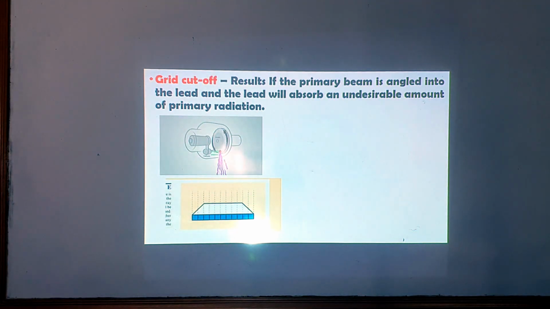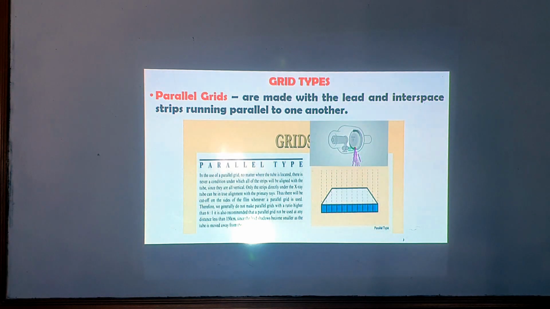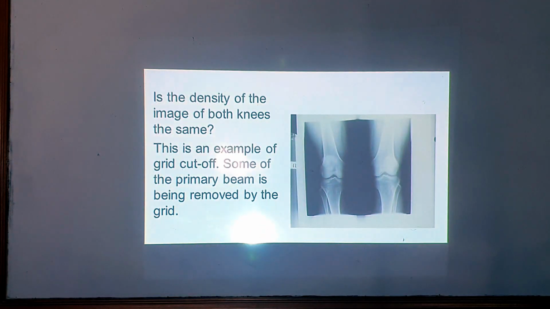Grid cutoff is a result if the primary beam is angled into the lead, and the lead will absorb an undesirable amount of that primary radiation. So this is how it will look on your radiographic image.